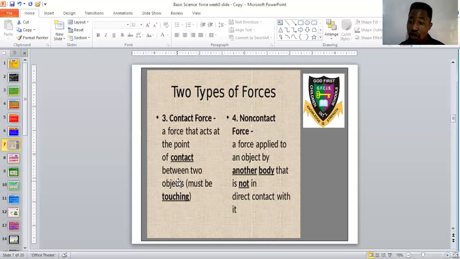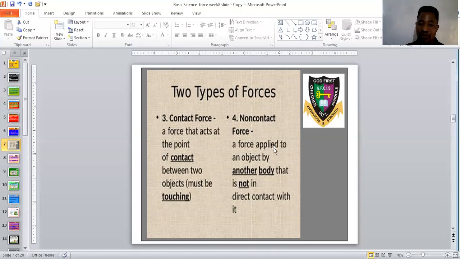You want to kick a ball, you have to move close to the ball to kick it. You want to push a car, your hands must be touching the car to push it. You want to lift a box, you have to bend down, making sure that your hands touch both ends or the bottom of the box to lift it. So touching it means you are having contact with that object. So contact force is the force that you exert on an object by touching it.